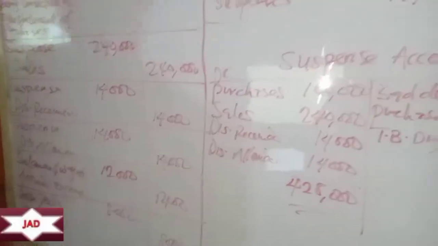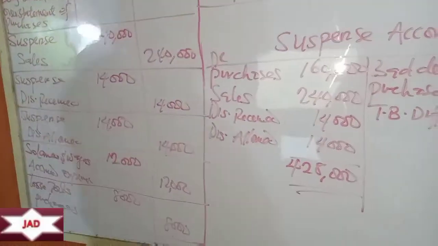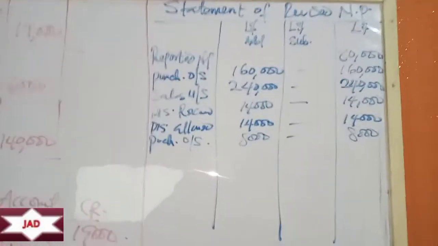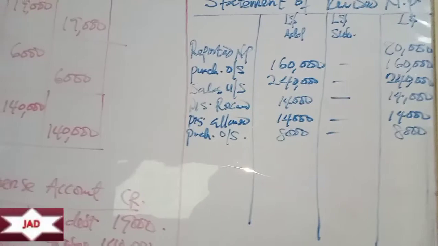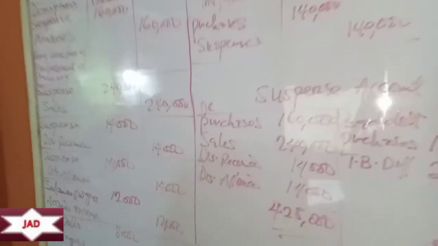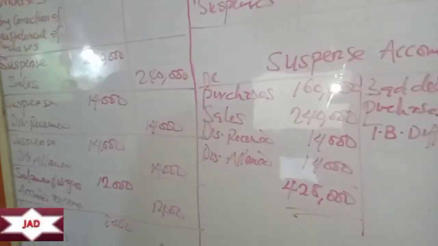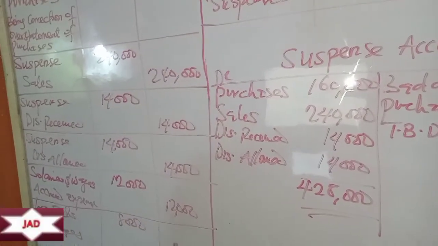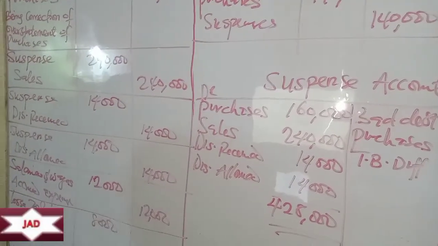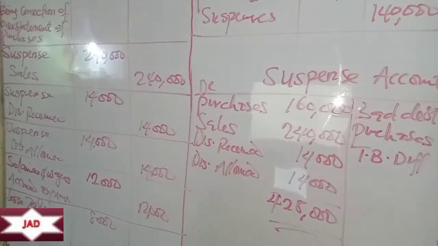Okay. So what's the next one? We have salaries and wages of 12,000, accrued expense. What do we have there? Accrued salaries and wages was omitted. Remember your accruals. Your accrued expense, how do you adjust? You debit the expense and credit your accrual, so that will increase your expense. But they say it was omitted. That means they did not even record it at all.